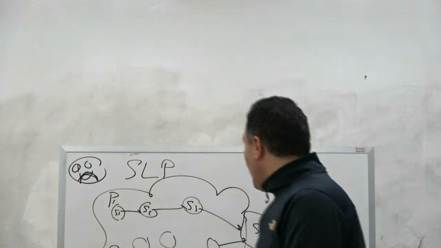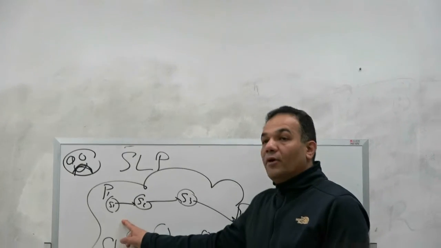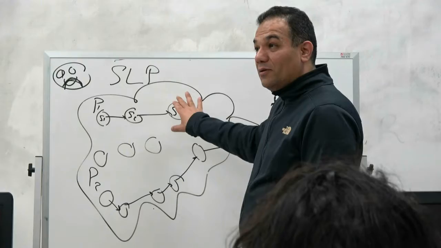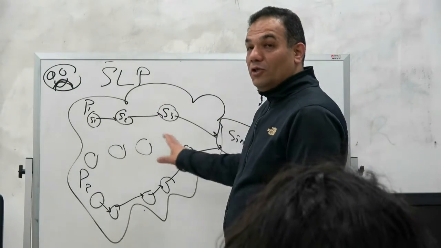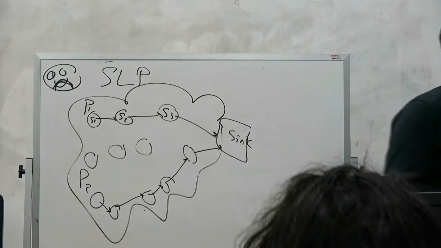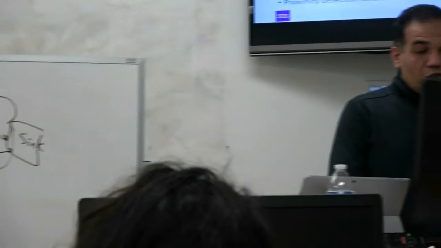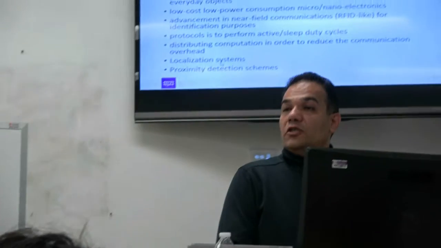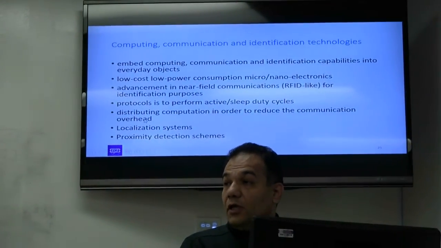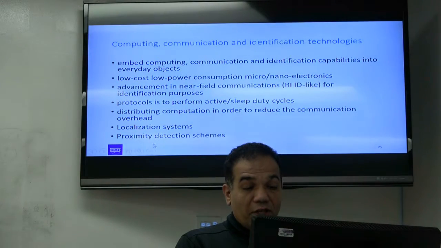This device will die before this device. Remember what our goal is: to make the whole network live as long as possible. So what's the solution? Many solutions. If you go to the literature, there are many solutions for that. Localization systems. Maybe we'll have 2 lectures about localization systems at the end of this class. Proximity detection schemes.